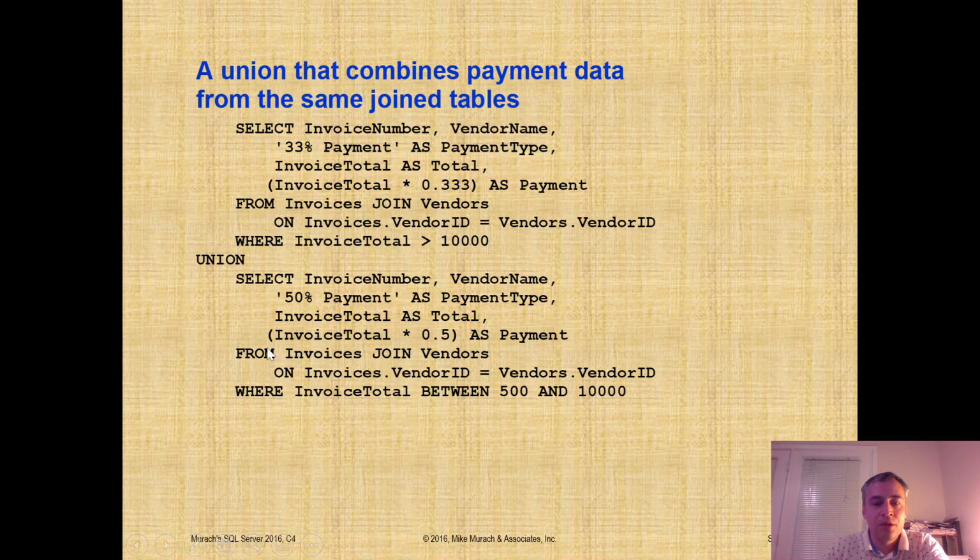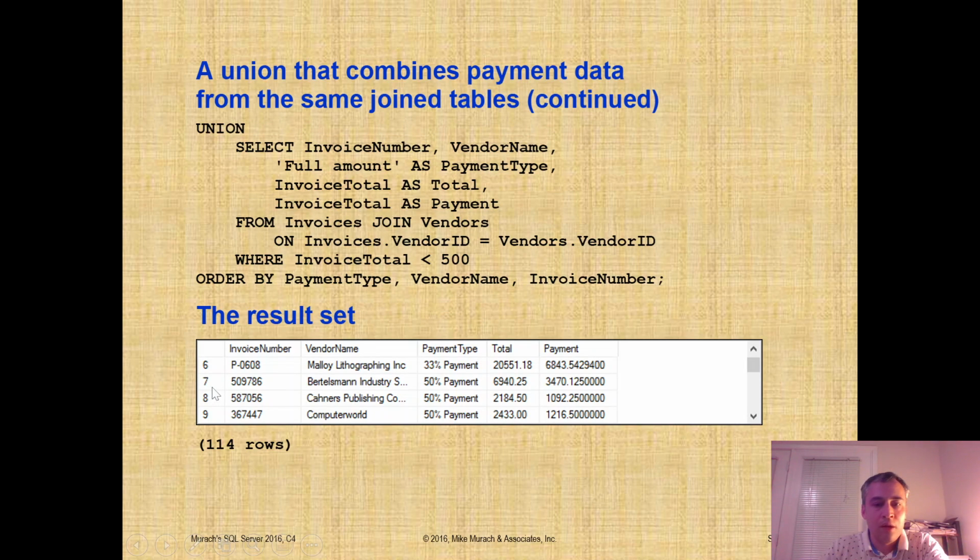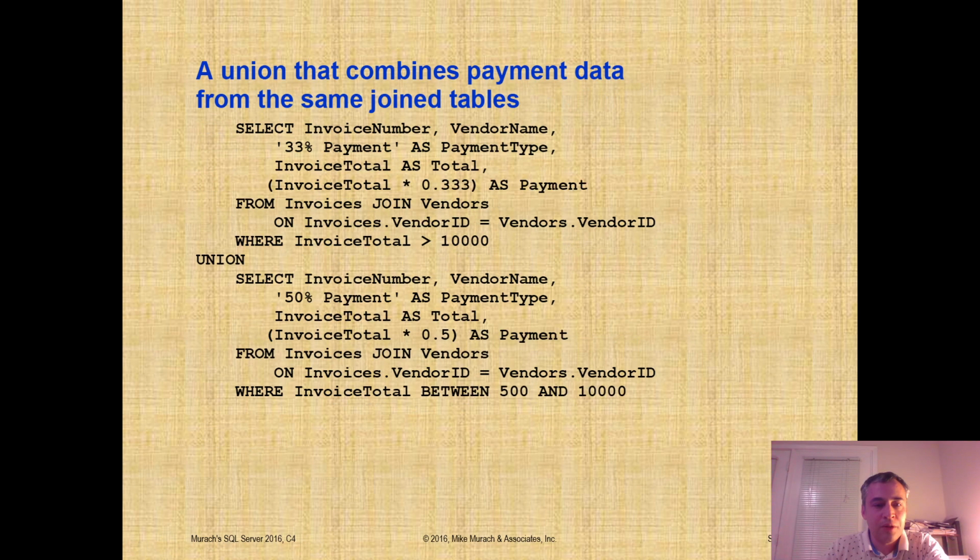So you are creating in this way. I don't know why they don't give a table, but we can talk through what this means. So we filtered our join invoices, join vendors, where invoice totals were bigger than 10,000. We created a new column to mark that as 33% payment, and also we created a new column payment, which is a calculated column calculated in one way.